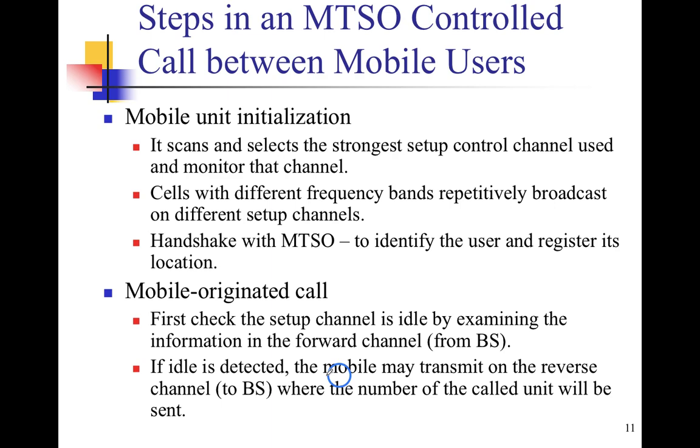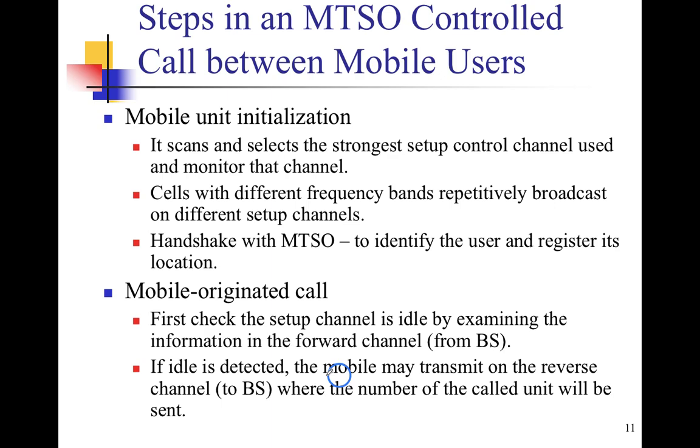Right, these are the steps in the MTSO controlling calls between mobile users. First is mobile unit initialization. What it does is scan and select the strongest setup control channel, then use and monitor that channel. So the mobile unit does the scanning and reporting to the base station. Cells with different frequency bands repeatedly broadcast on different setup channels.